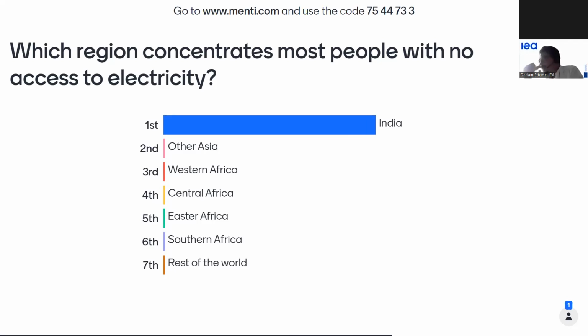So which, among these areas, is the area with the most people with no access to electricity, in terms of million of people.